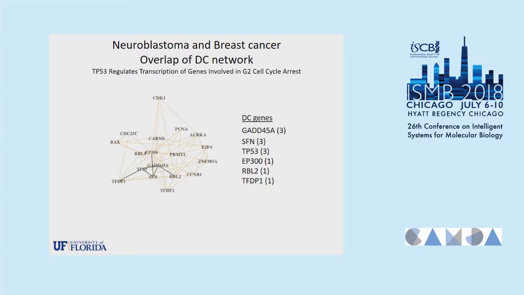And then another thing we might want to look at is, is there any similarity between the differential connections in neuroblastoma and breast cancer? So these are the two differential connectivity networks overlapped, and the bold lines are the ones that they have in common. So basically, these genes are differentially connected in both neuroblastoma and breast cancer.